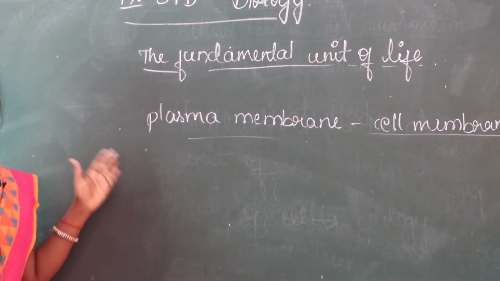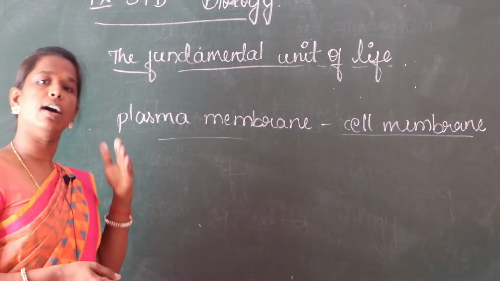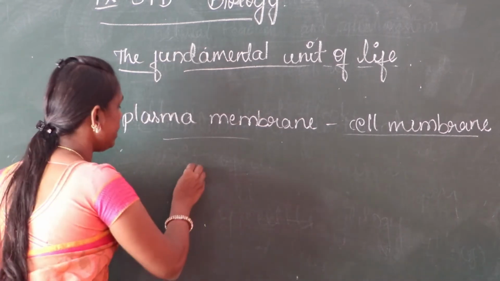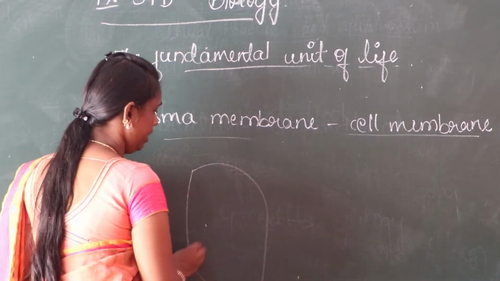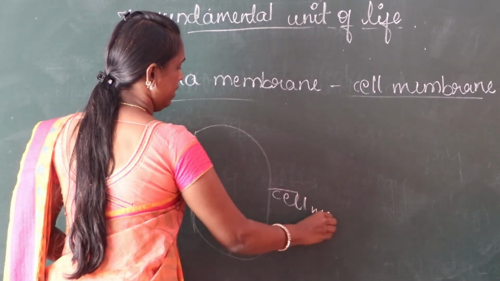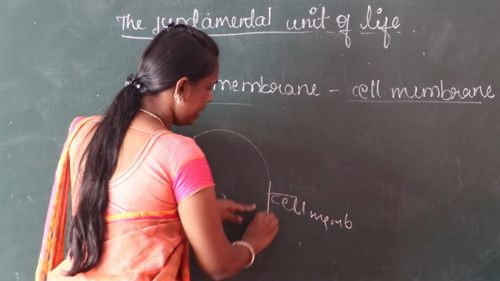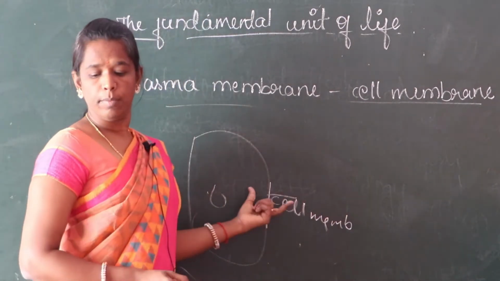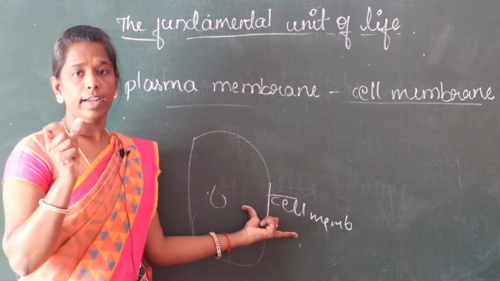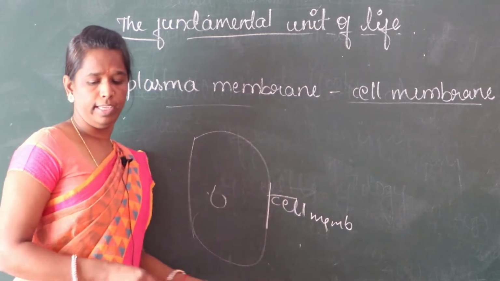It helps the entry and exit of food materials and other nutritional materials to the cell. For example, in an animal cell, this is the cell membrane. This is the outermost entry or exit of nutrition to the cell body.